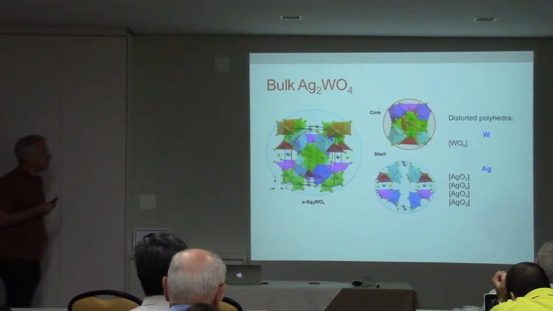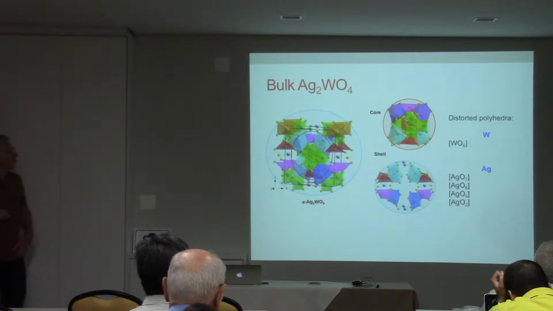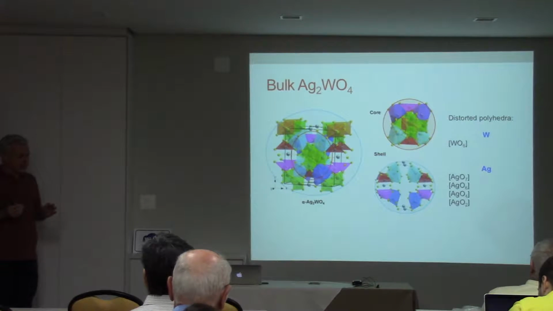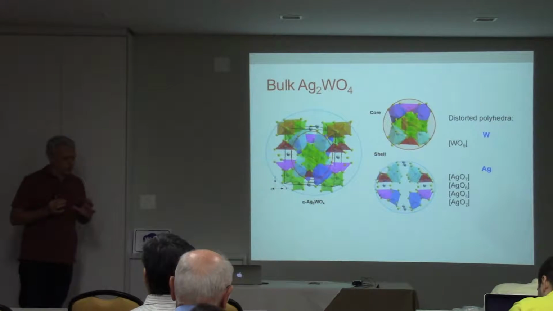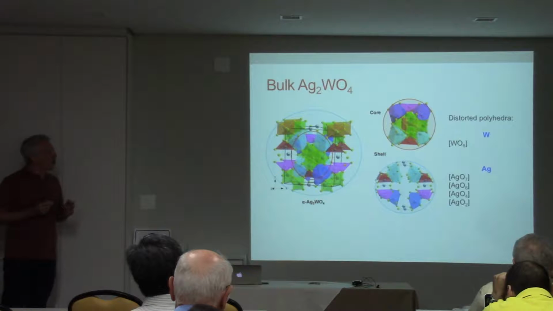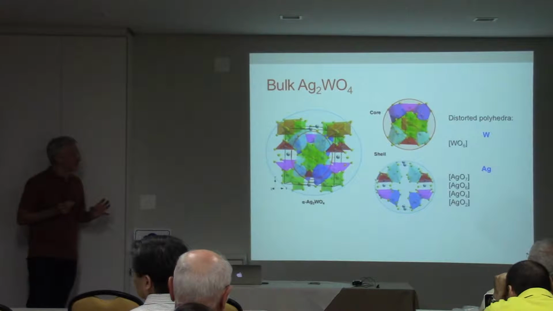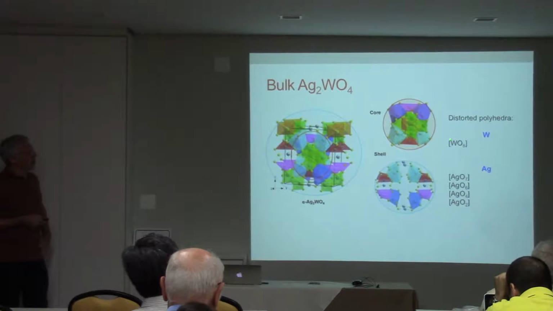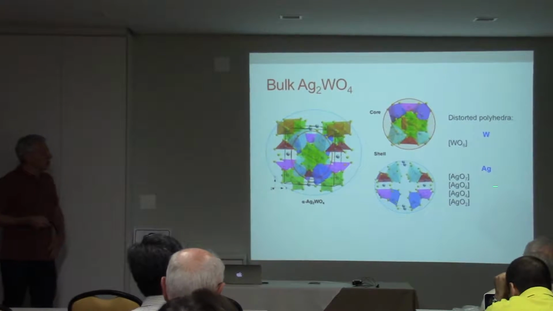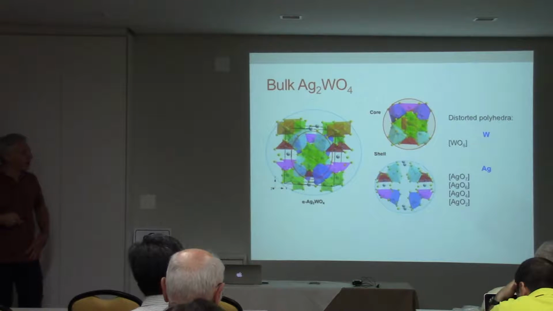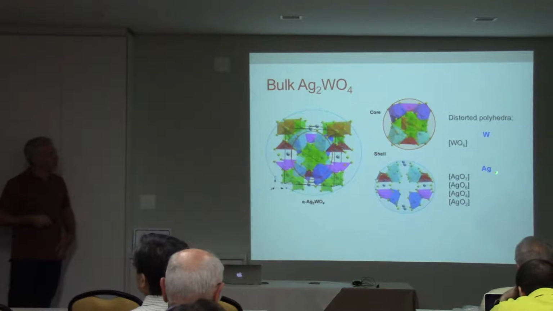Let's start by looking at the structure of the bulk silver tungstate. This is a metal oxide, a bit tricky in the sense that it's made of distorted polyhedra. So the structure is quite complex. We can find only one distorted polyhedron for tungstate, but for silver we can find four different coordination numbers, and even for this polyhedron, different configurations.